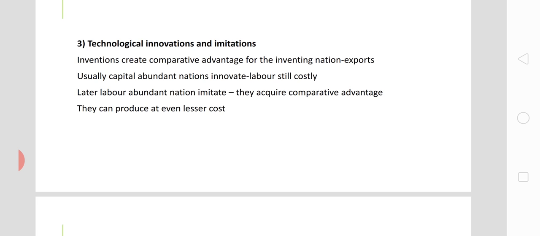Whenever the nation invents something, that nation will be able to produce the commodity with the most effective technology. So the nation can produce the commodity at a cheaper price, so they can dominate the international trade global sector with effective production technique. So the technological innovation will enable a nation to dominate the international trade.